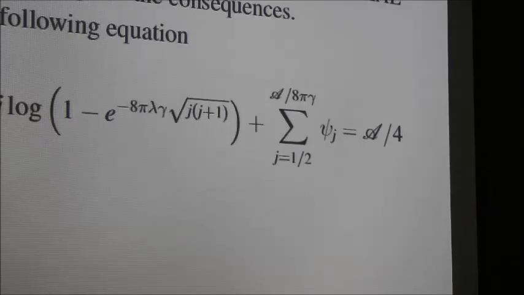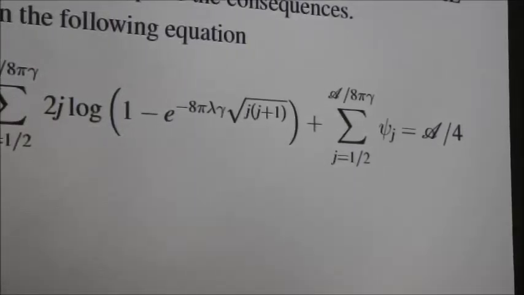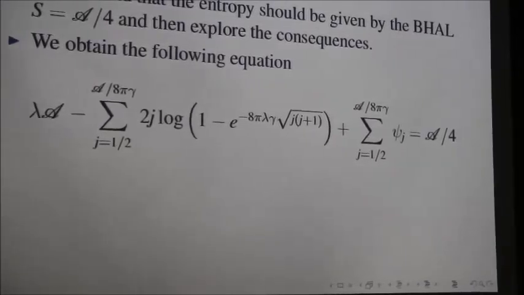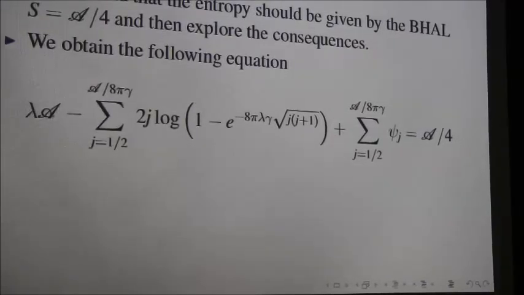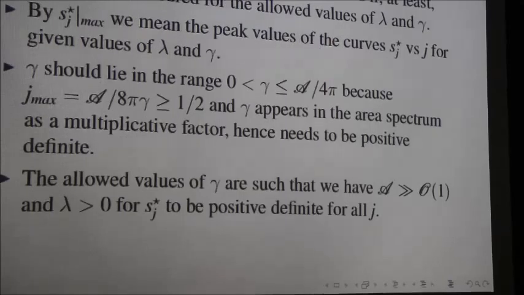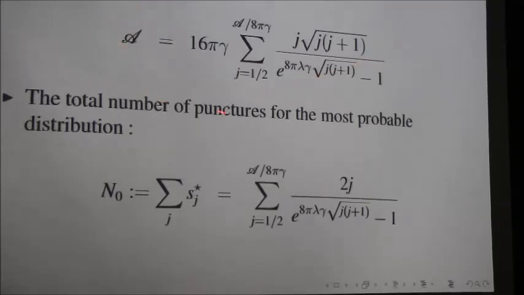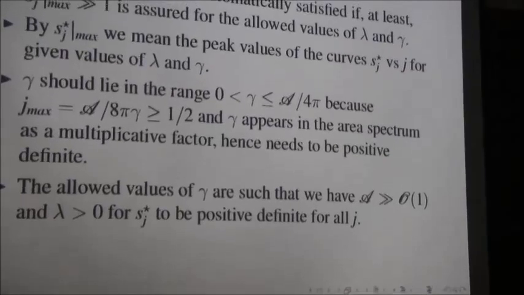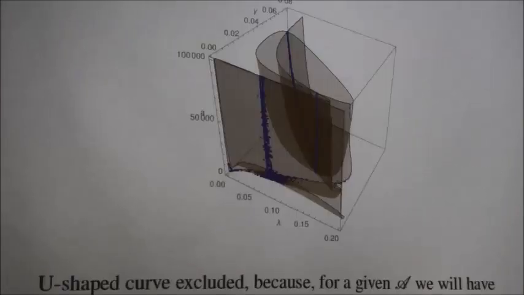So how do I obtain the values of lambda and gamma which respect those conditions and give rise to this Bekenstein-Hawking entropy? I solve this equation graphically and see if, for the large area limit, I have some values of lambda and gamma which respect those conditions, and you will see that there indeed are.